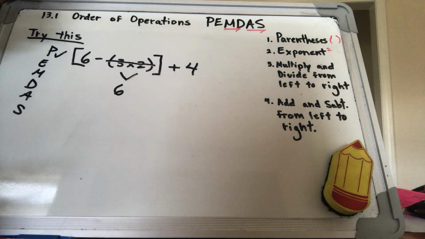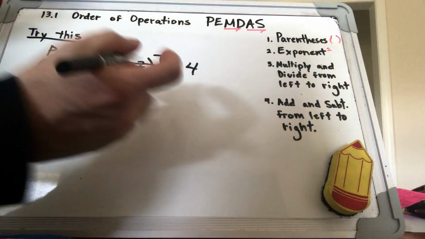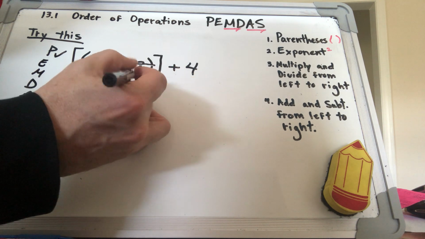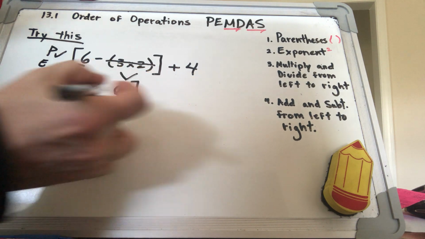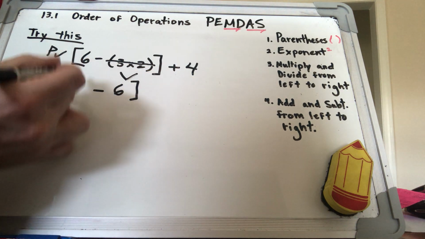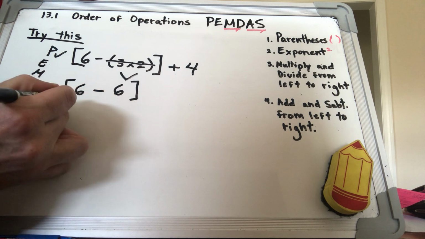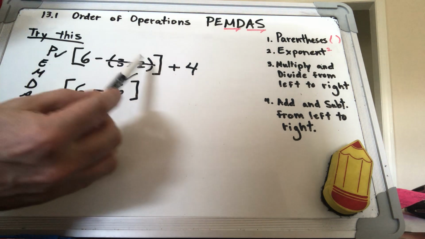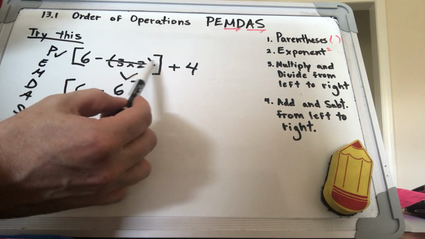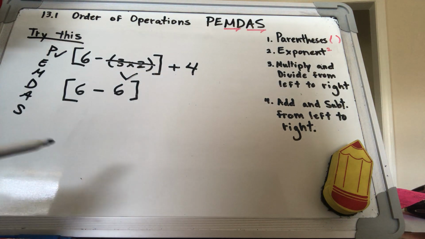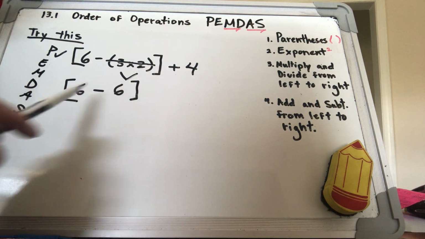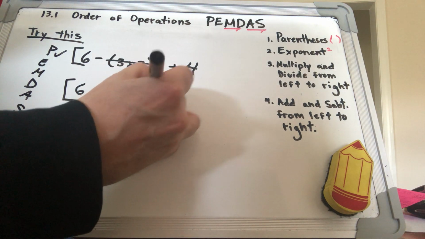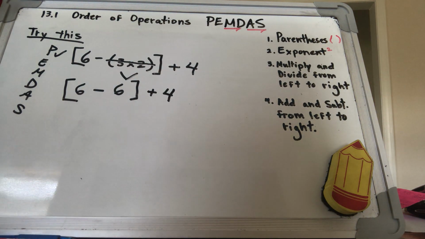It's gone. Everything else has to fall down. So this bracket's going to come down. And then I still have the 6 out front, and I have that bracket still there. The only thing I used was that set of parentheses, and I got rid of it. But I still didn't get rid of these braces yet. So plus 4, everything else fell down.